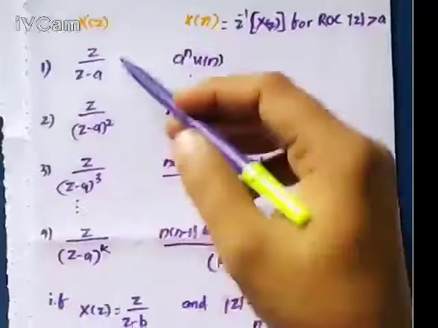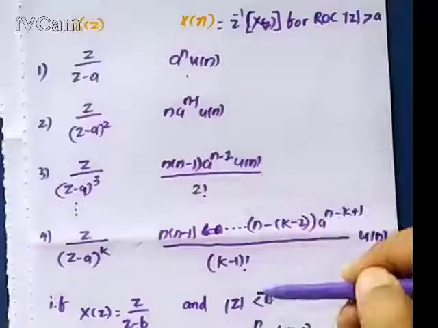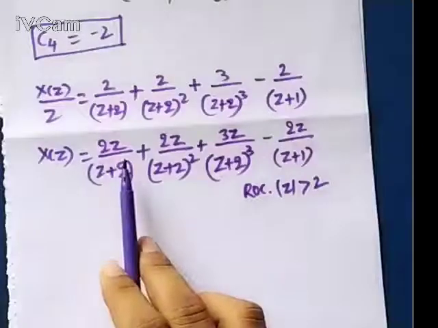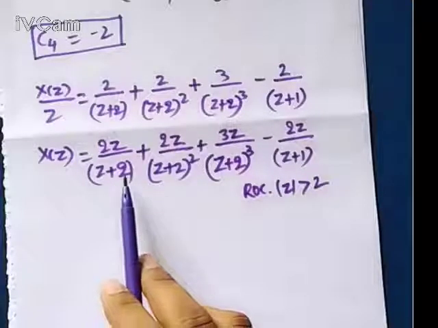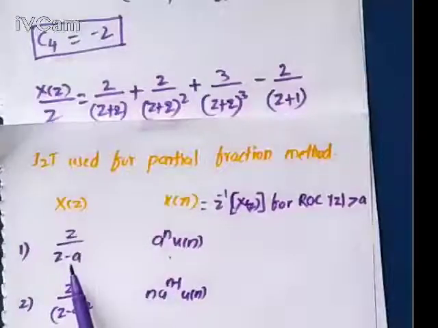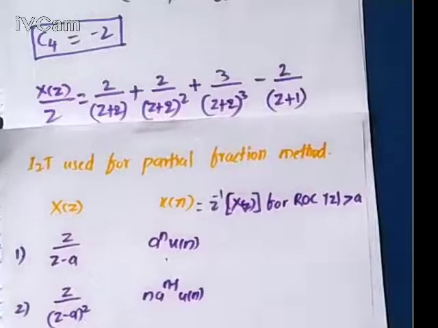So we need to have this table content so that I can directly write the representation here. Okay, so the first term is 2, the constant term that will be taken outside. Z by Z plus 2 hai, so here I will have this Z by Z minus A term. Okay, so A will be minus 2 here, that's the thing. Instead of this minus A, I can say minus 2.